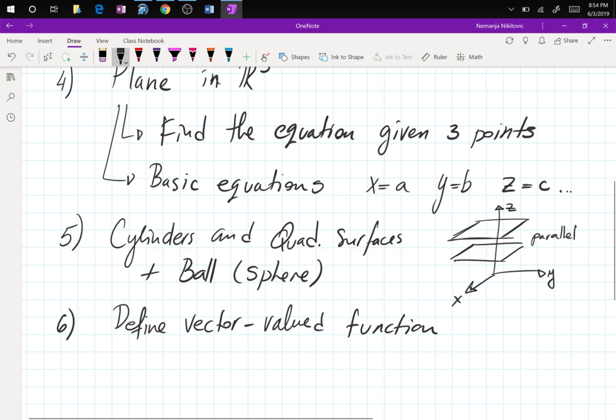Also in this, compute, I'll call it a VVF, a vector valued function. I'll put here a VVF. So compute VVF at t equals a value.